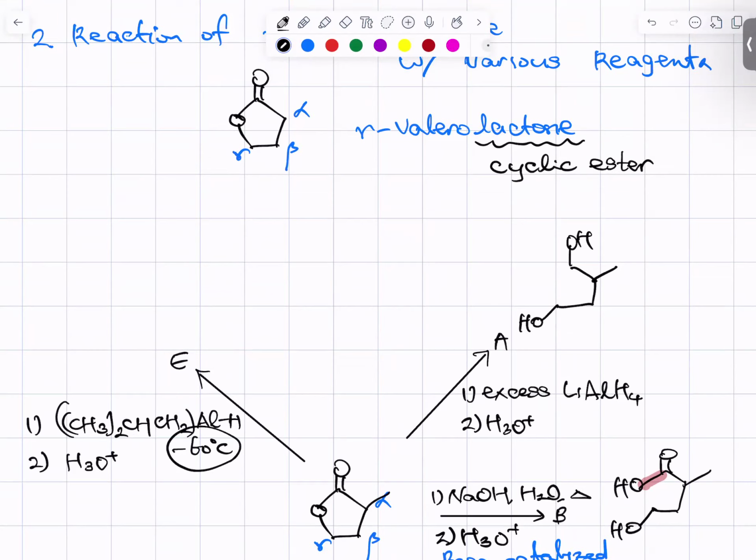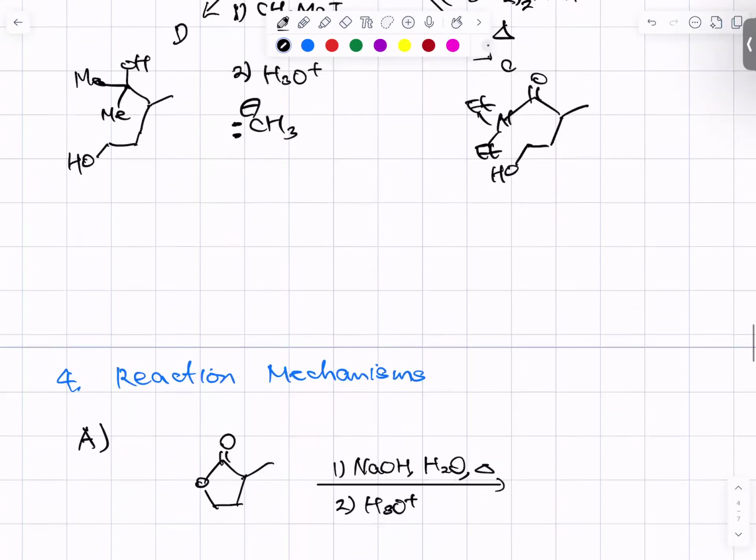It will be providing one hydride, only one equivalent of hydride, and it will be turning this one into aldehyde, and it will be cleaving the bond. The other side is alcohol. So one side is aldehyde, the other side is alcohol. All right. Here in this case, 2 hydrogens added twice. Okay, primary alcohol. All right.